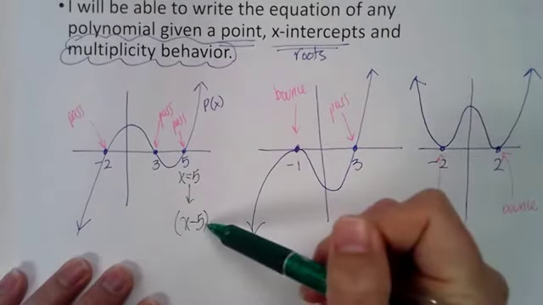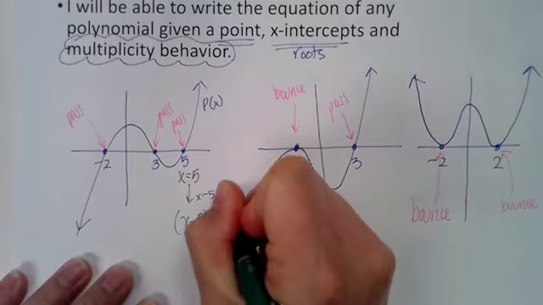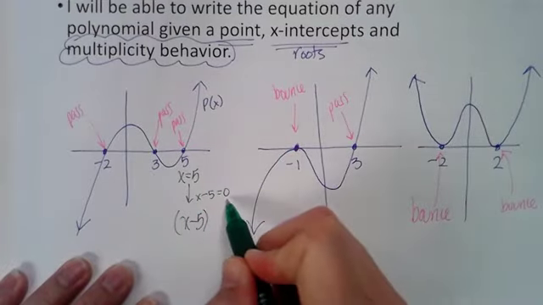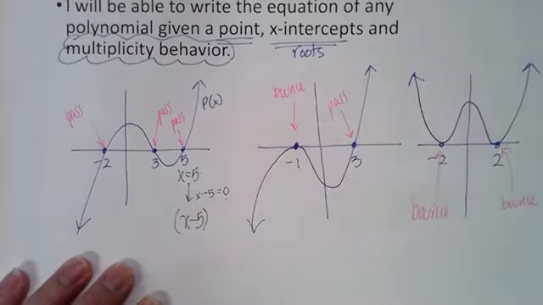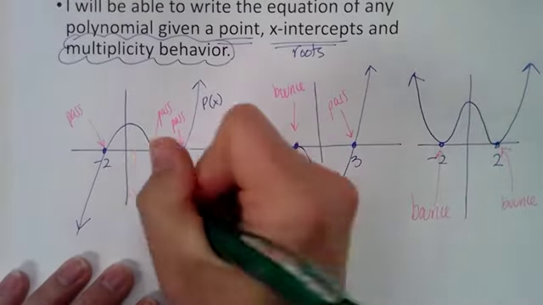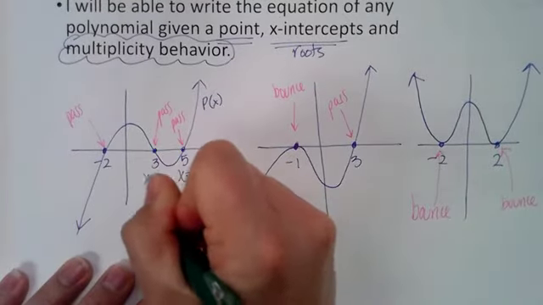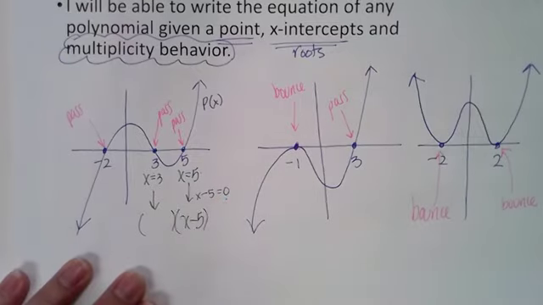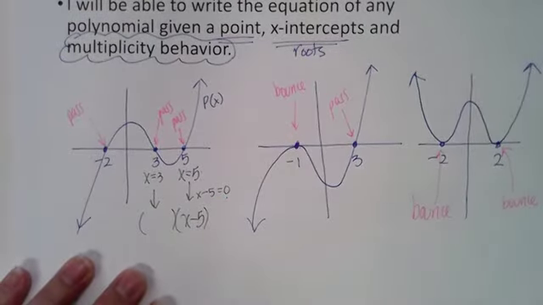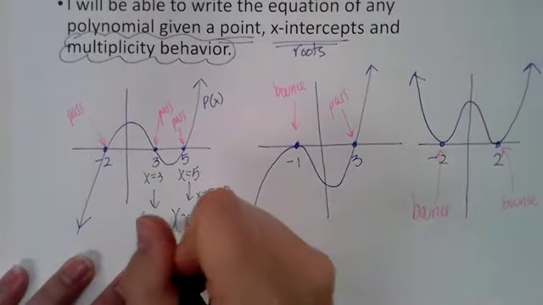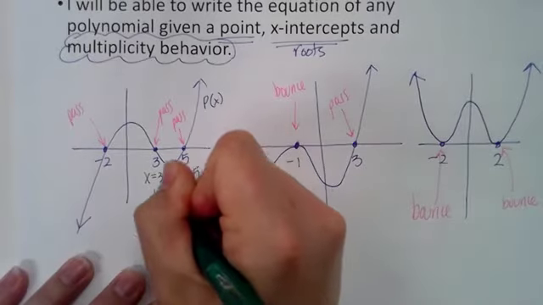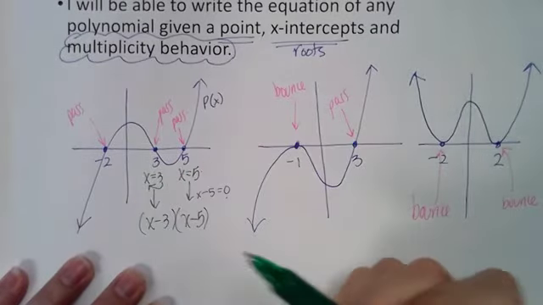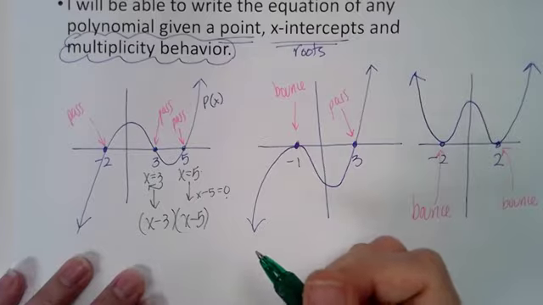If we take x minus 5 and we set it equal to 0, we would have to add 5 to both sides, and that's where we get x equals 5. Okay. If we know that x equals 3, what bubble did that come from? X minus 3. We'd have to subtract the 3 back.